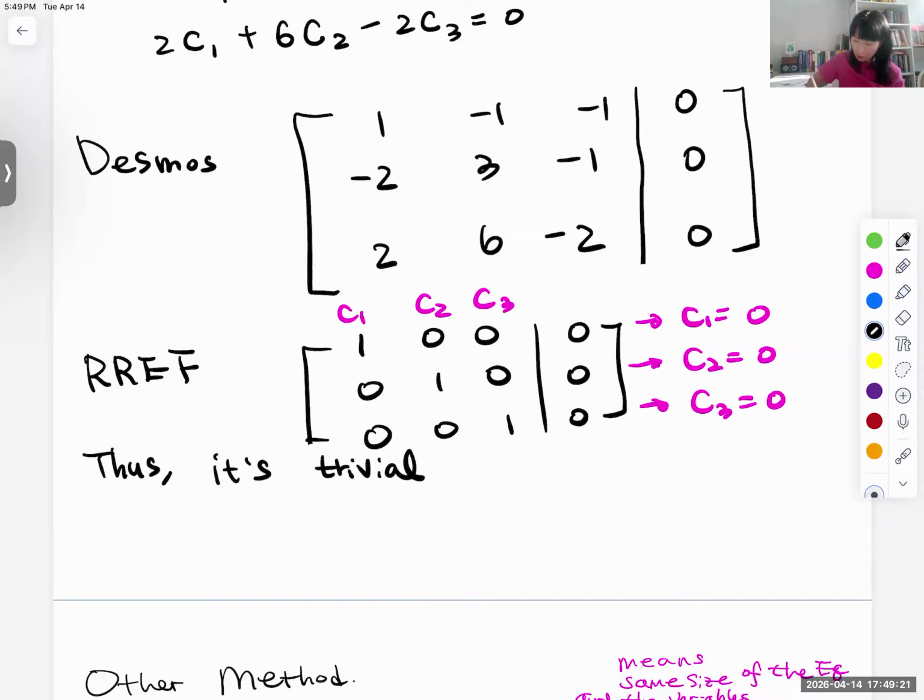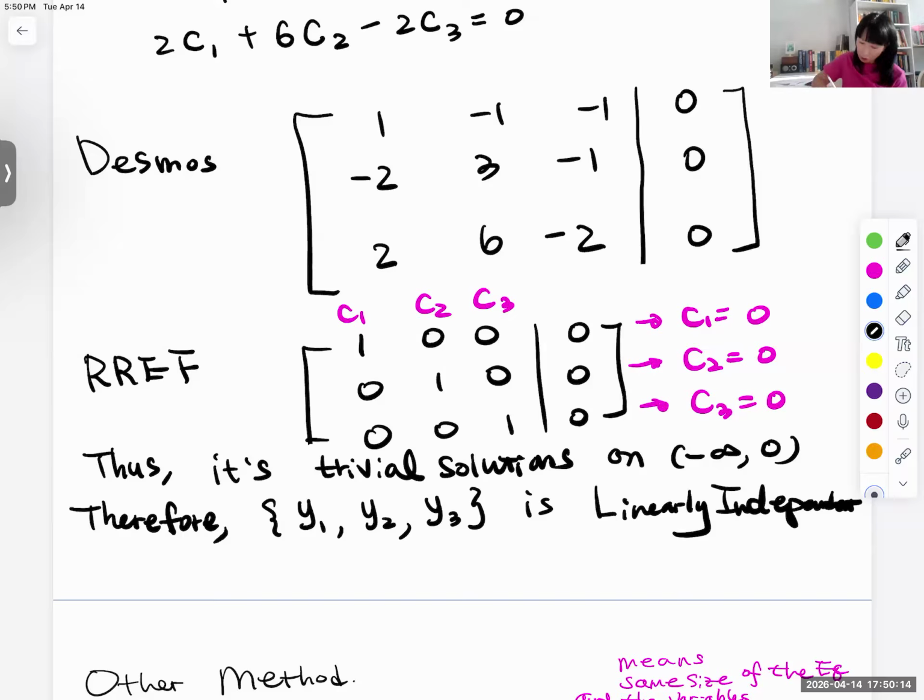So the set of y sub 1, y sub 2, y sub 3 is linearly independent on the open interval, in that case, negative infinity to 0 and 0 to positive infinity. Yeah.